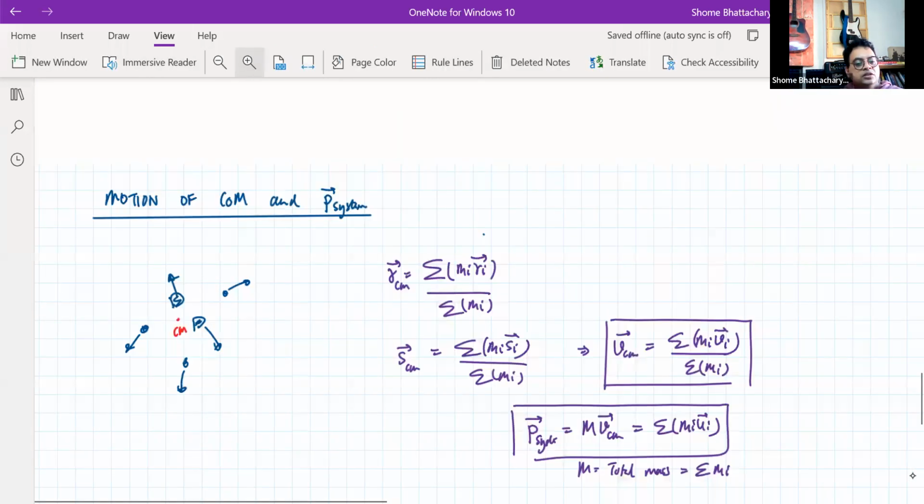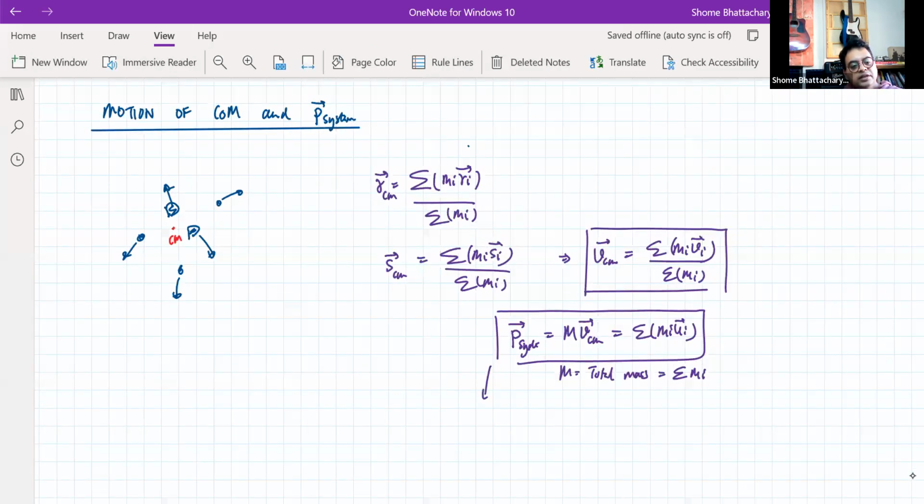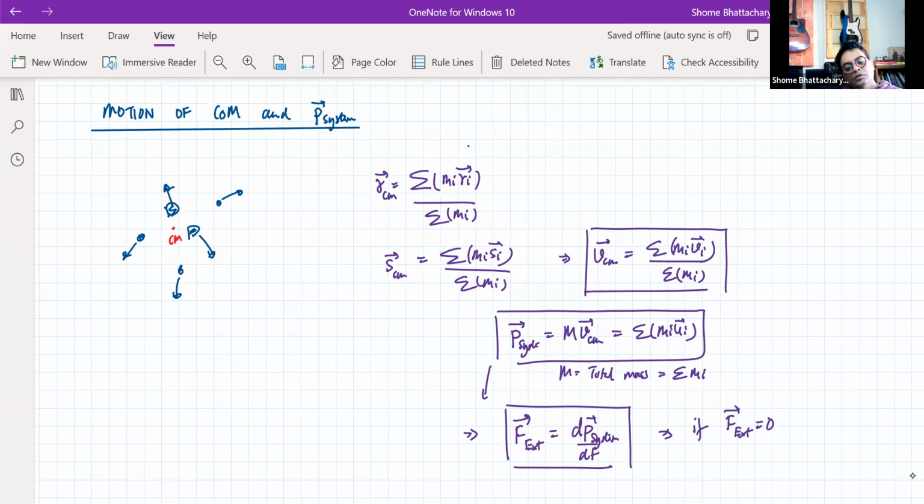Now from this we had also seen that if we differentiate this relation, we get the impulse momentum theorem, or the Newton's law application, that net external force acting on a system equals the rate of change of momentum. It also shows that if the net external force on a system is zero, then its linear momentum is conserved.